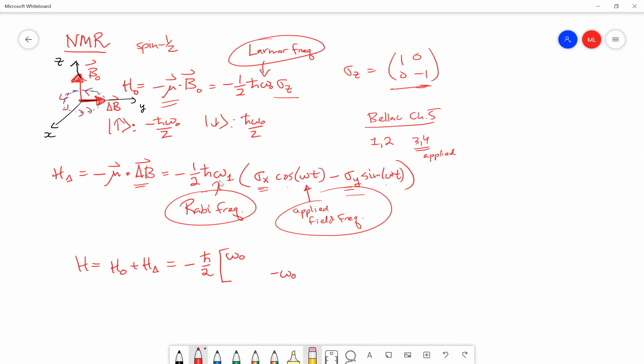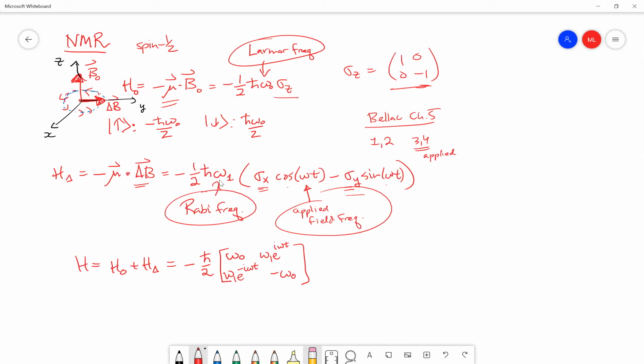That's just from the sigma z. And then the other ones combine nicely to omega 1 e to the i omega t. And then, of course, it's Hermitian, so it's the complex conjugate down here. So that's the time-dependent Hamiltonian with these oscillating off-diagonal terms.